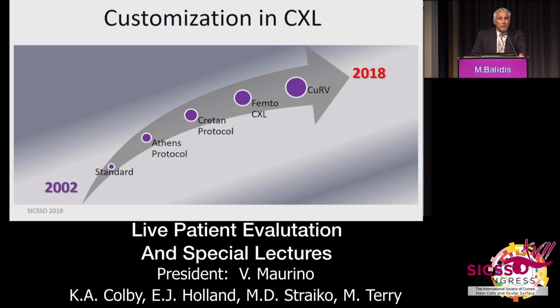Customization on the way we change the shape of the cornea at the same time as doing the cross-linking. In the standard, we just didn't change anything on the shape of the cornea. Then it was the Athens protocol by John Kanellopoulos, and a few years later, the Cretan protocol by using topographic PTK or PRK or just PTK by George Kimionis, and the femto cross-linking done by me and John Kanellopoulos as well, just doing femtosecond first and then injecting cross-linking inside the cornea.